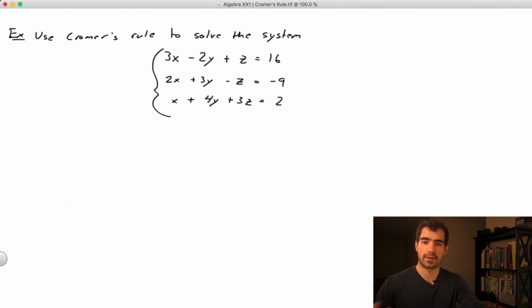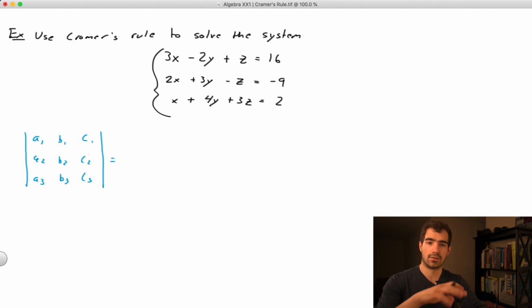Now we know that for each of these we're going to need to compute that same denominator, the determinant of the matrix a1, a2, a3, b1, b2, b3, c1, c2, and c3. And so let's go ahead and do that now so that we can then utilize it for x, y, and z.